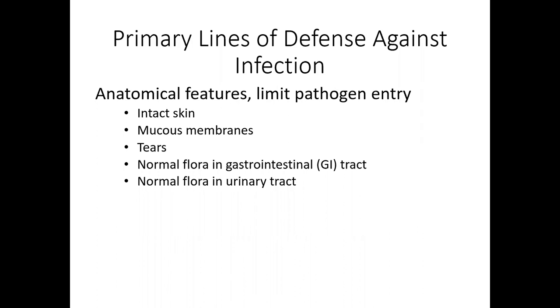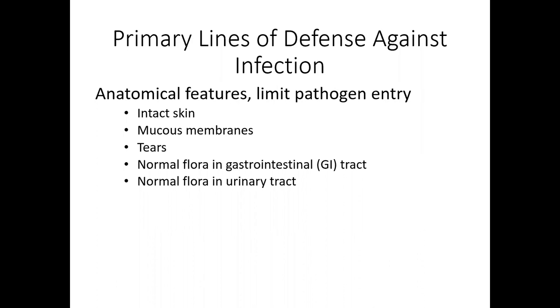Then we have our mucous membranes, right? These mucous membranes are our nares, our trachea, our bronchi. It's everything that mucus covers, and this mucus will trap the pathogen and then it can be expelled. So your nose has little hairs that filter.